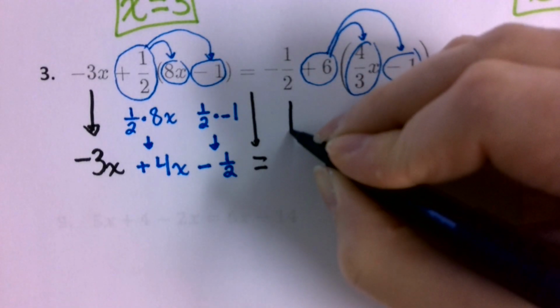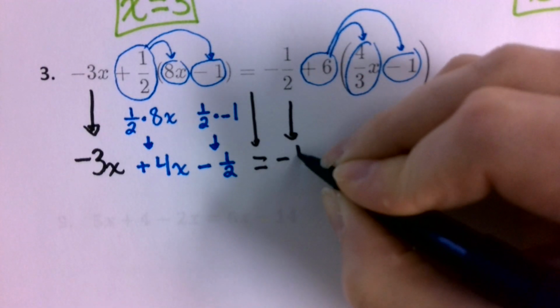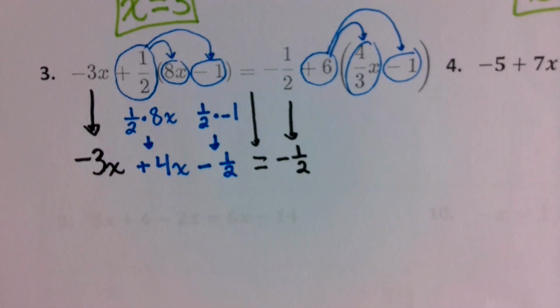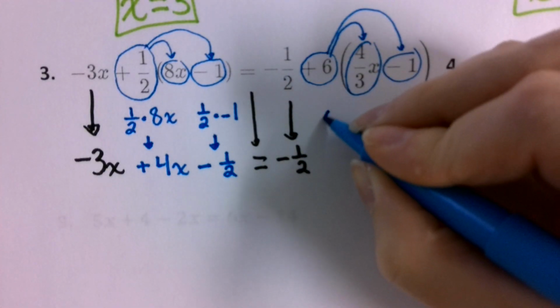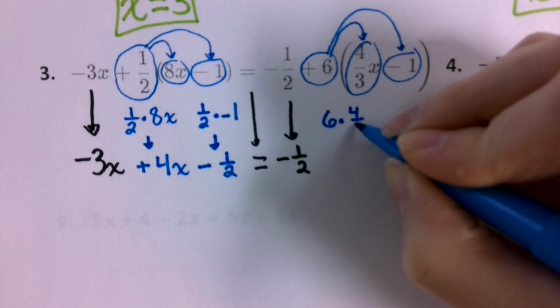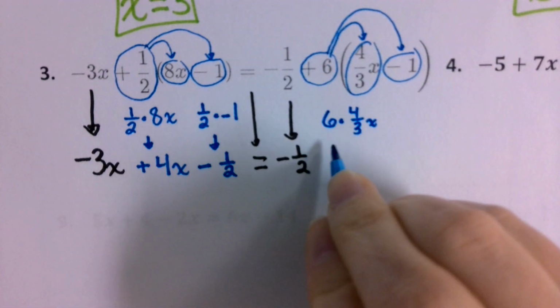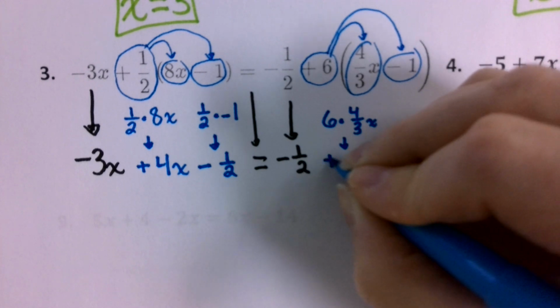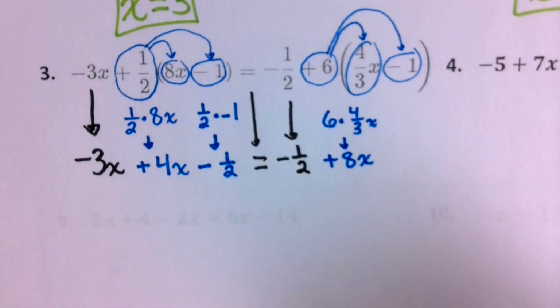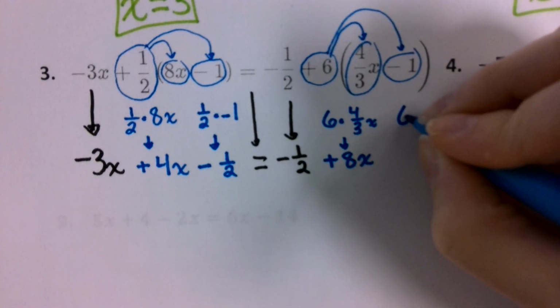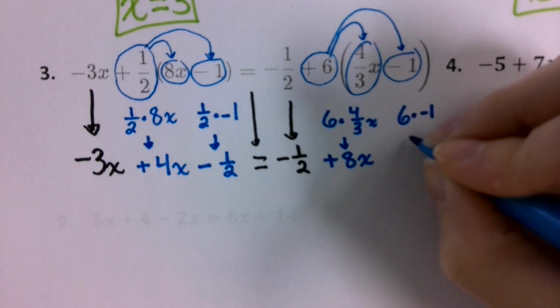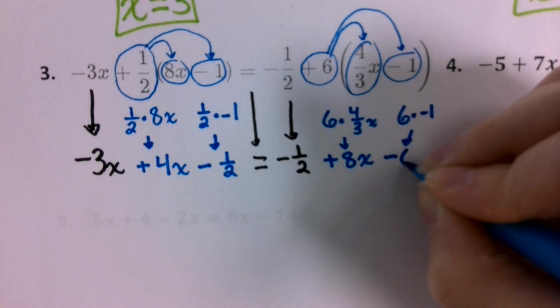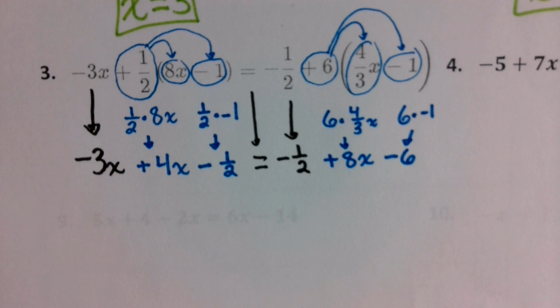I have this negative 1/2 that's going to come straight down. The next portion I've got is this 6 times 4/3 x. 6 times 4/3 x is going to be a positive 8x. We also have this 6 times negative 1, and that's going to come down as negative 6. Okay? We have done our distributive property.